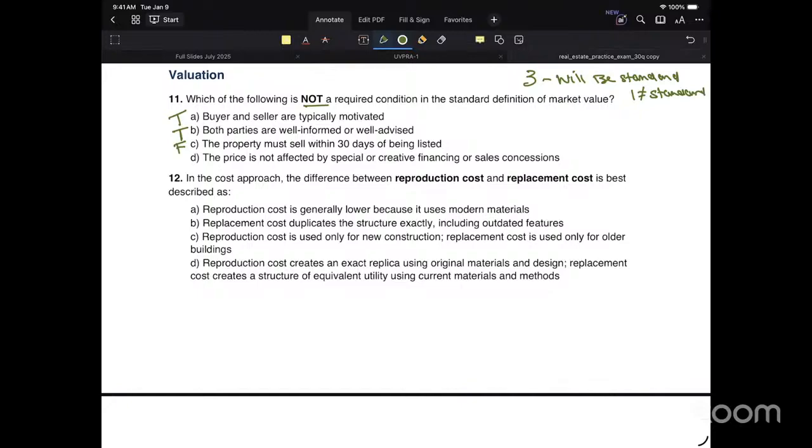And D, the price is not affected by special or creative financing or sales conditions. Yes, that is true. If we're going to find real market value, we need to make sure there's no special situation going on, which means our answer, the one that is not required, the false one, would be C. The property must sell within 30 days of being listed. That's not part of the standard definition of market value.